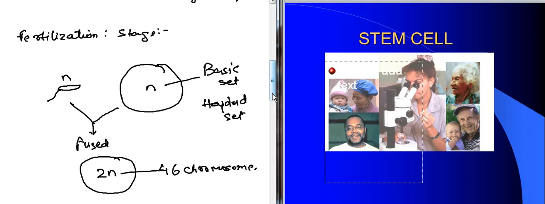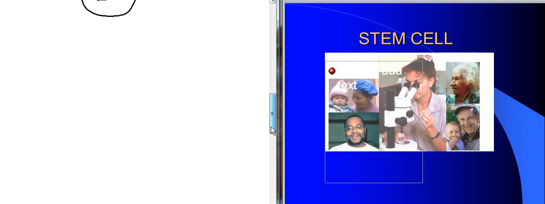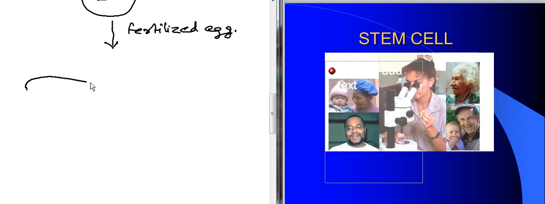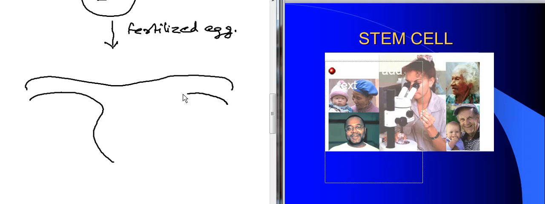Now, when we see what happens after that, this fertilized egg goes through several divisions and forms different stages, called morula, blastula and all that. After that it gets attached to the placenta.